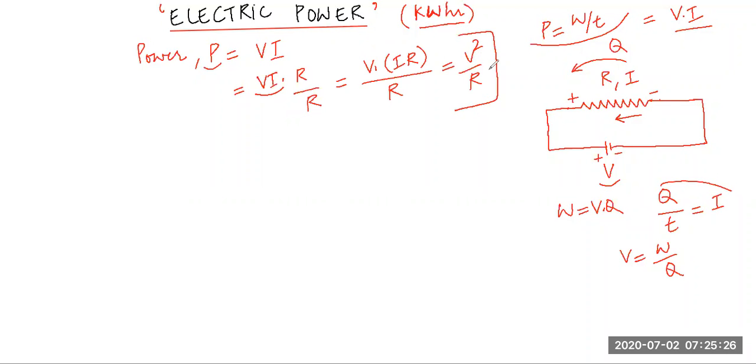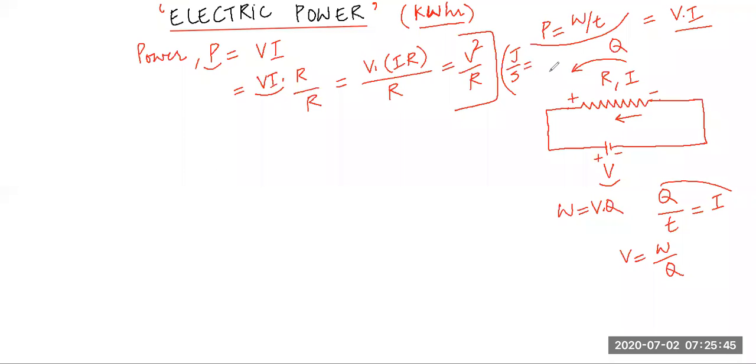When current is not given, I can always find P as rate of work done, P as VI, P as V squared by R.